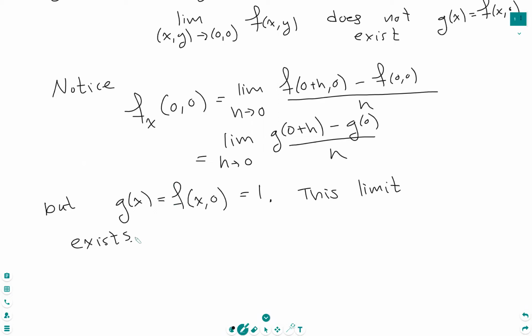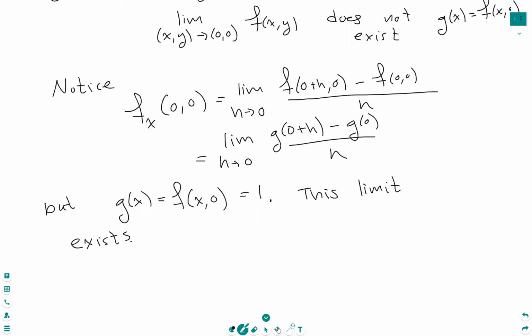Now, if we slightly increment it and we're not right on the origin, of course, we're going to have problems, because the limit's not going to exist. But we can also think about it in the y direction as well. If we took f partial y at 0, 0, along that same direction, we have the function as the constant 1. It doesn't see the discontinuity, so the limit exists.